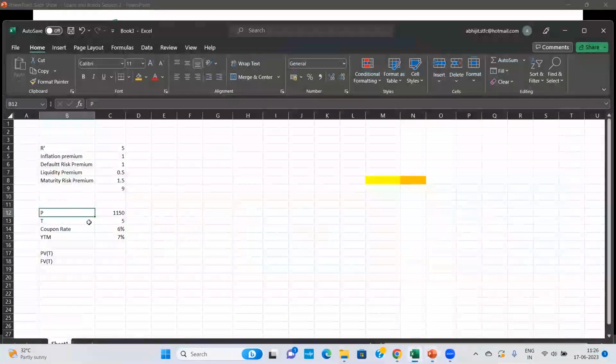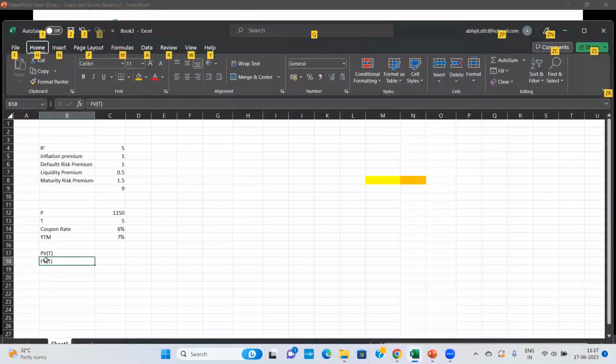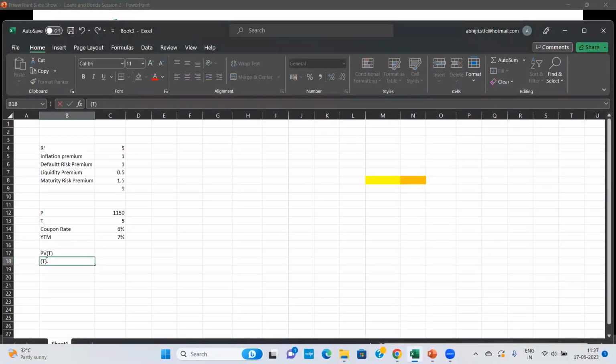Okay. So P is 1150, T is 5, coupon rate is 6%, YTM is 7%. Find out PV and CF, cash flow, and then find out modified duration.